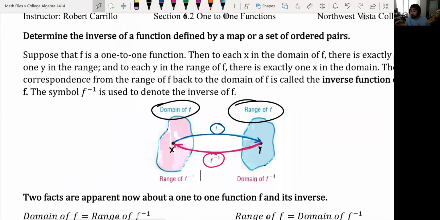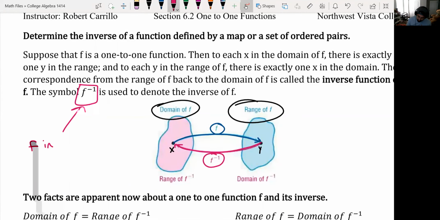And this is denoted by the symbol, which looks like f raised to the -1. That's not how we say it. If you see this symbol, it denotes the inverse. So the way you say this is you say f inverse, or inverse of f.